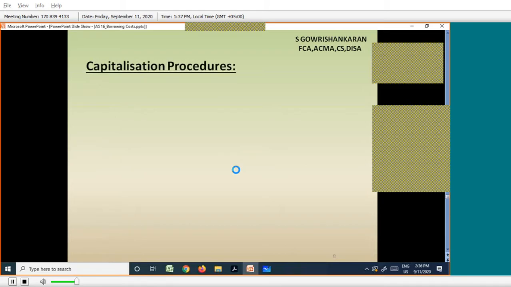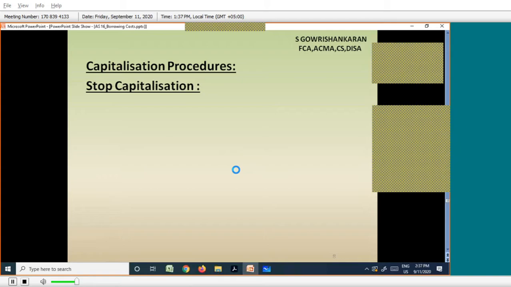Capitalization procedure. Stop capitalization. What is this stop capitalization? Stop capitalization means normally when it will happen, sir, I completed my project. I completed the building, I completed the mall construction. Now the building is available for use. Then that is called stop capitalization.